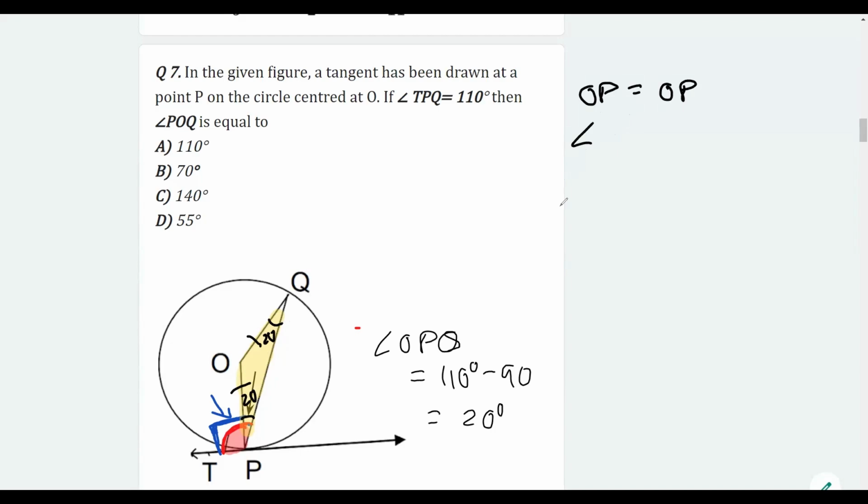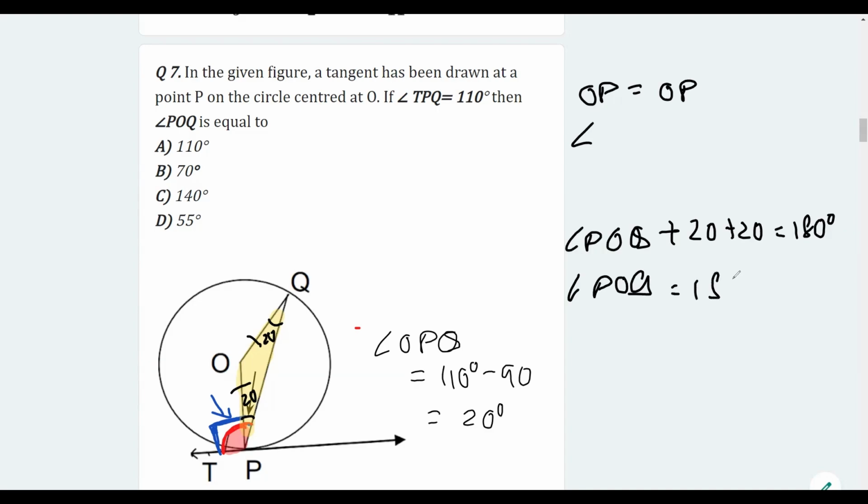Now we can apply the angle sum property to get the remaining angle. Angle POQ plus 20 plus 20 is equal to 180 degrees. So POQ is equal to 180 minus 40, which is 140. So option C is correct in this case.